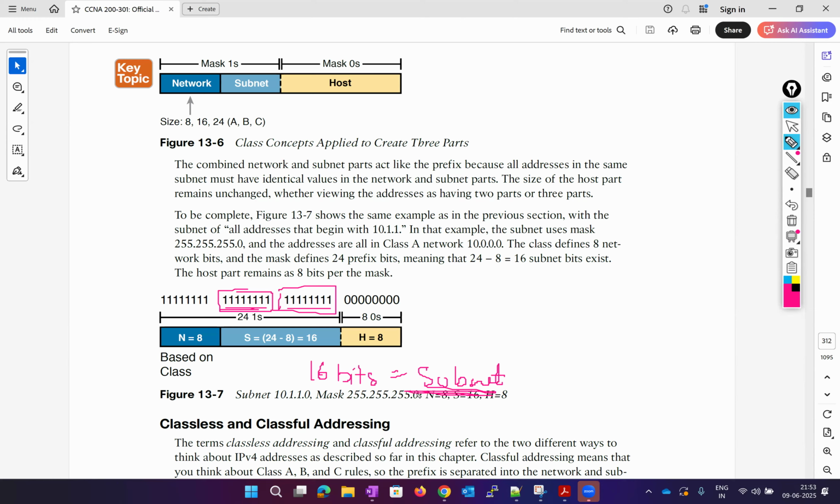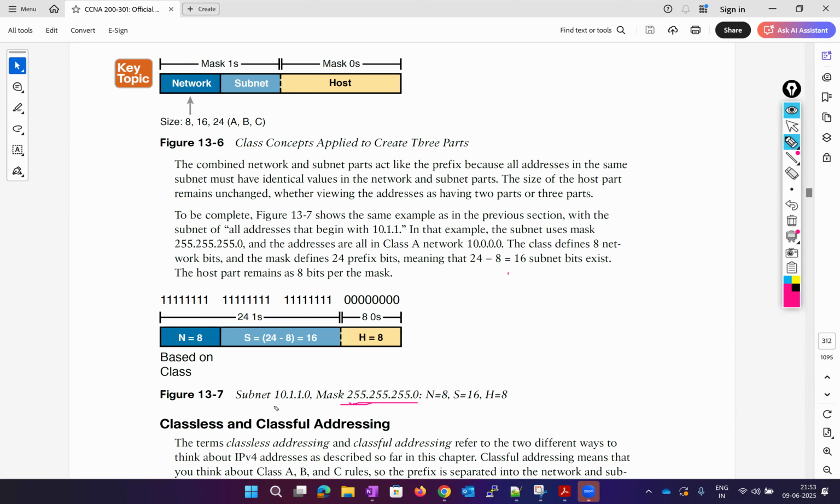So in total, your subnet plus your network bits give you the total number of ones, which is also called the prefix. I will explain this once again if you're confused.